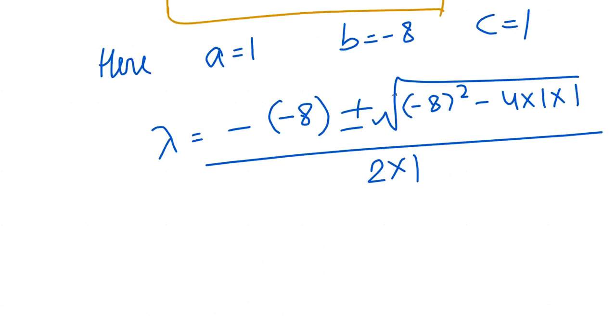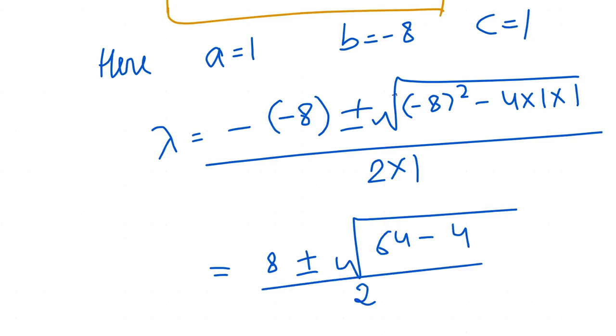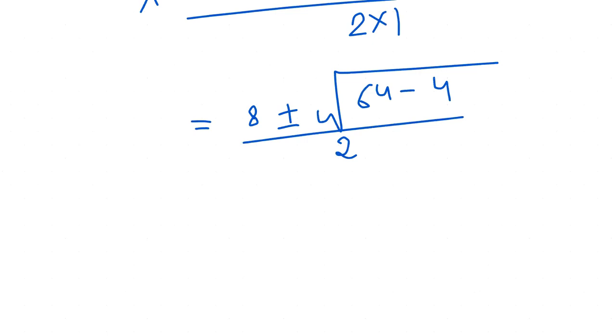So minus minus becomes plus. Square of -8 is 64 minus 4, over 2. So 64 minus 4 is 60 under the square root, over 2.